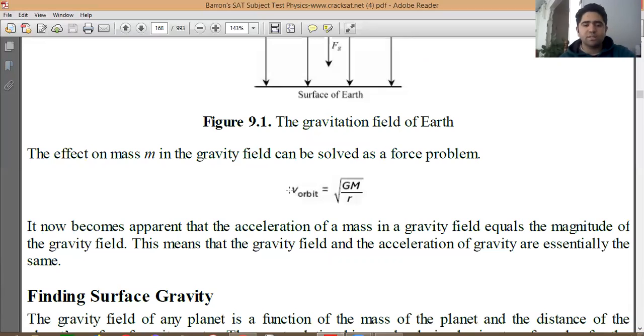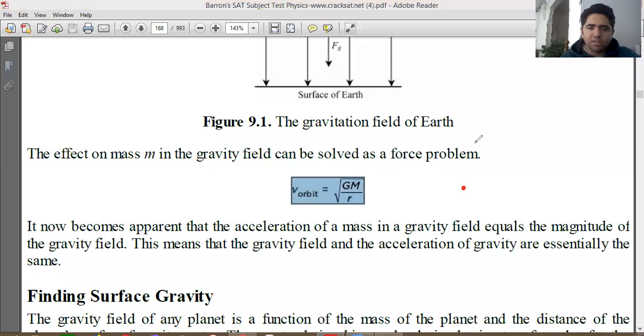Velocity of the orbit is equal to root GM over r. So we have a planet, and around this planet there is an orbit, and the satellite is rotating around Earth.